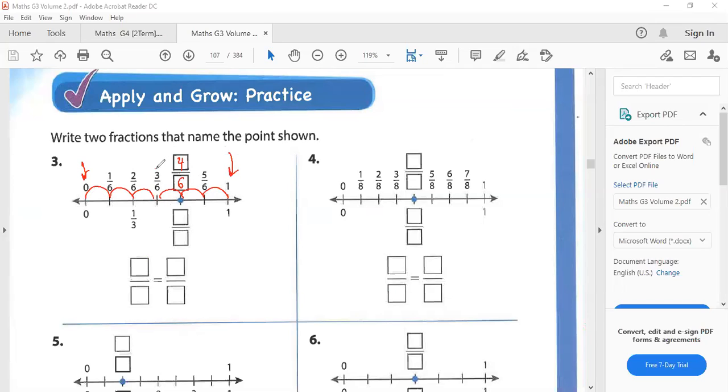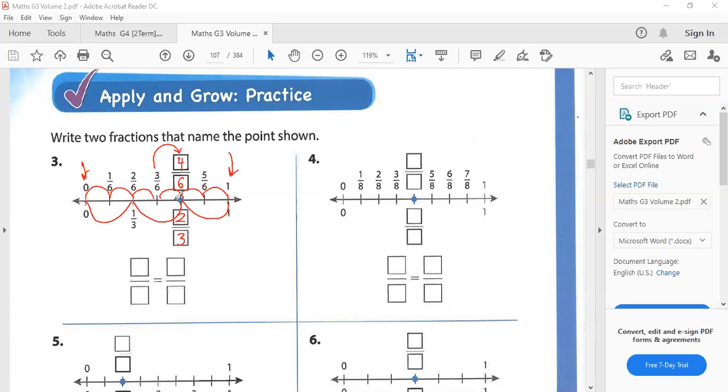So next, after 3 over 6, it will be 4 over 6. Down, we divide the same distance, but into how many equal parts? 3. Excellent. We are dividing into 3 equal parts only. So this one will be 2 over 3, like this.